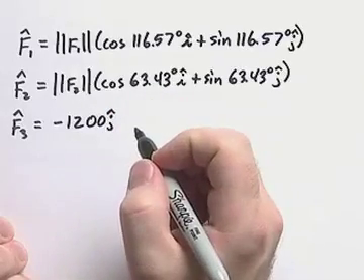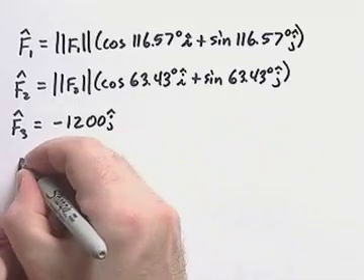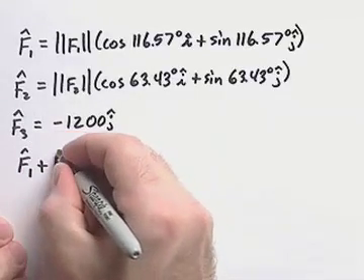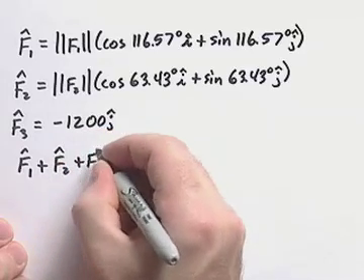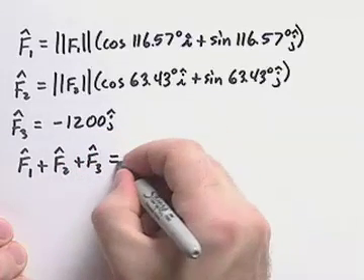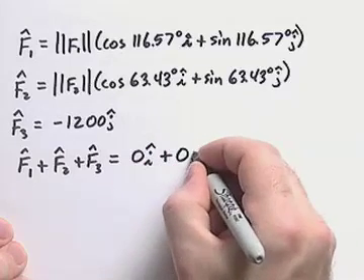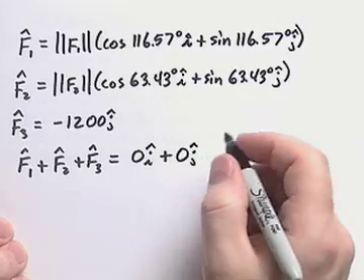Since the system is in equilibrium, we need force 1 plus force 2 plus force 3 to equal 0 times unit vector i plus 0 times the unit vector j.